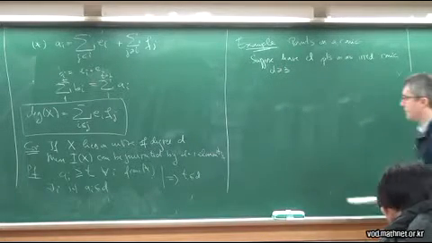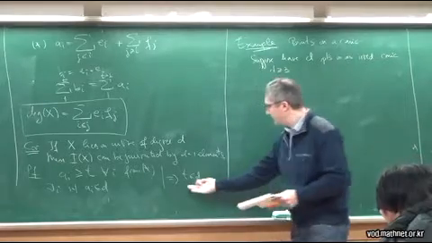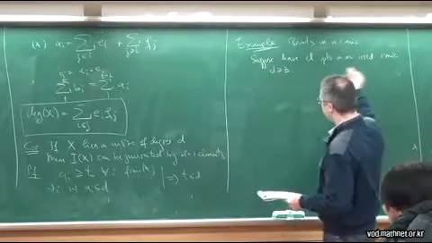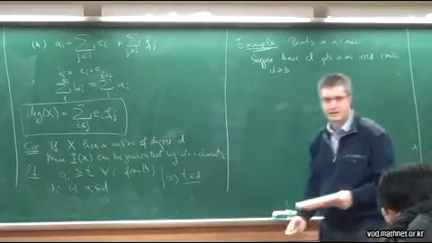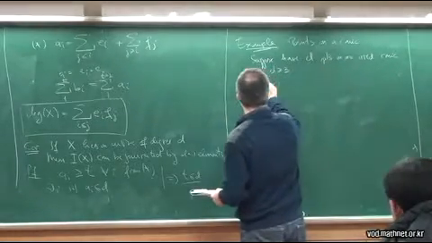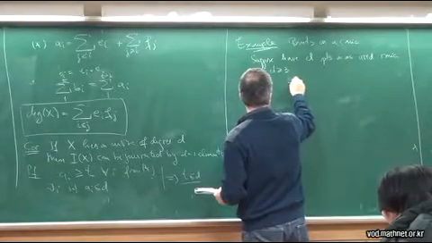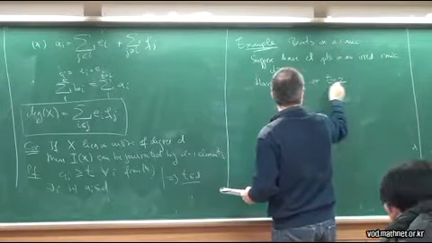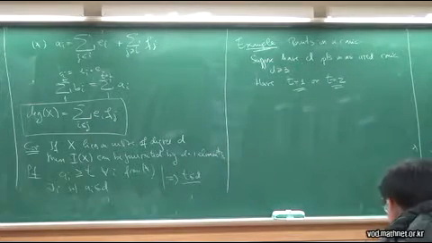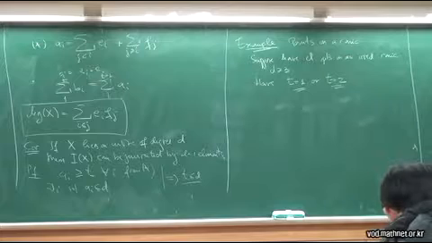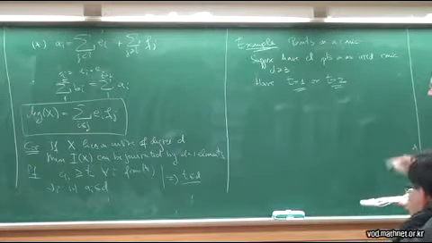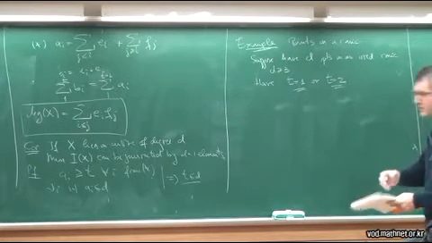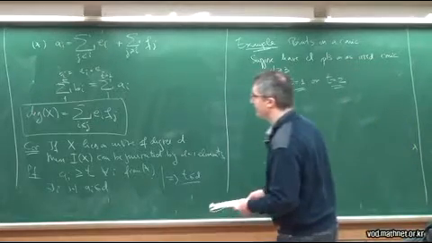Okay. Then d is 2. So from this inequality, we have that t is either 1 or t is 2. So the matrix is either 1 by 2 or 2 by 3, or vice versa. It depends on how we write it. Okay.